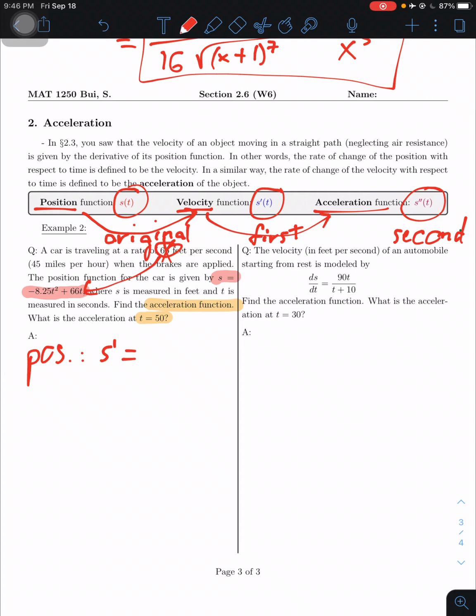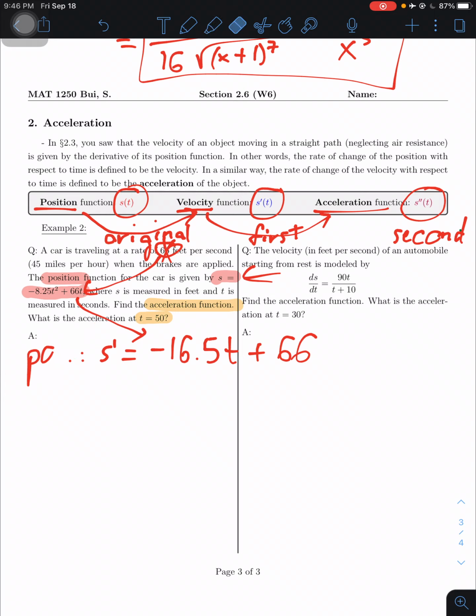If you take the derivative of this function, we get negative 8.25 times 2 from the power rule, which gives negative 16.5 t, plus 66. This is wrong, because this is the position function already, since it clearly says so. So make sure you don't make that common mistake again.